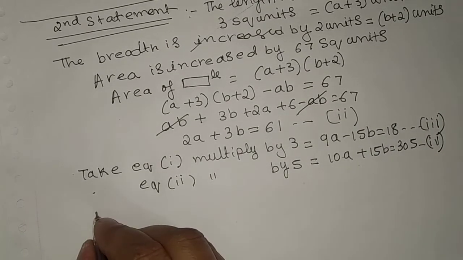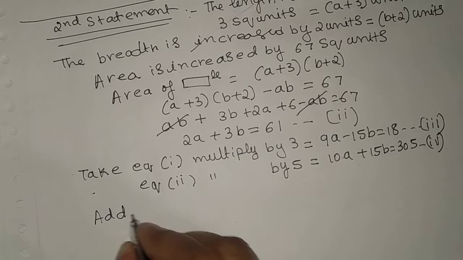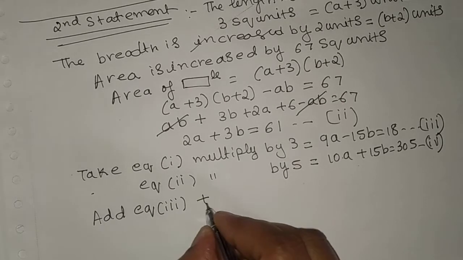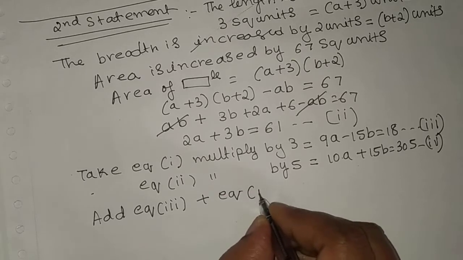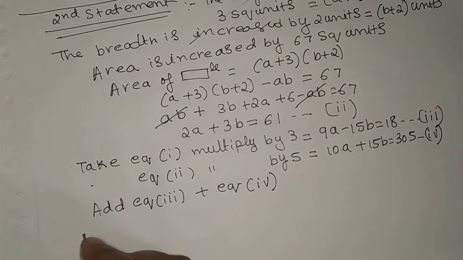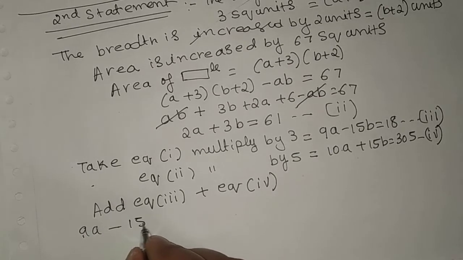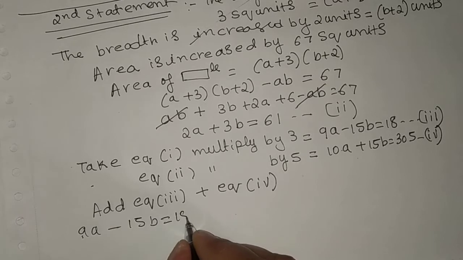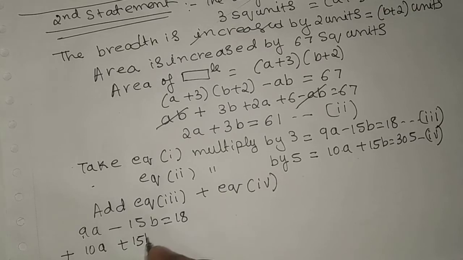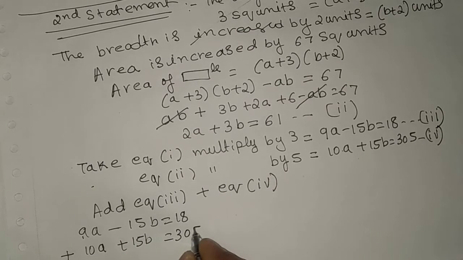Now add equation 3 plus equation 4. So adding these two, we get 9A minus 15B is equal to 18 plus 10A plus 15B is equal to 305.